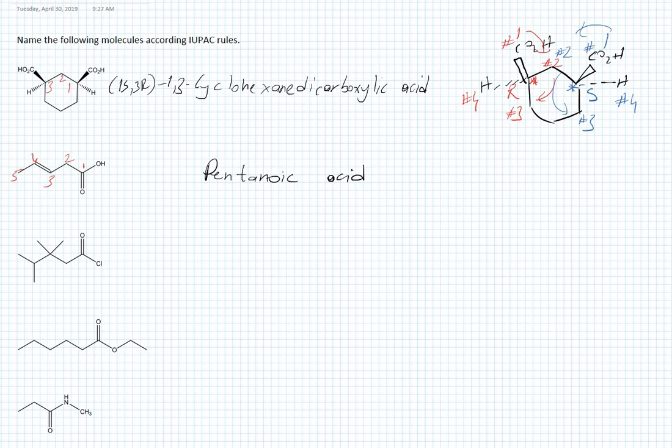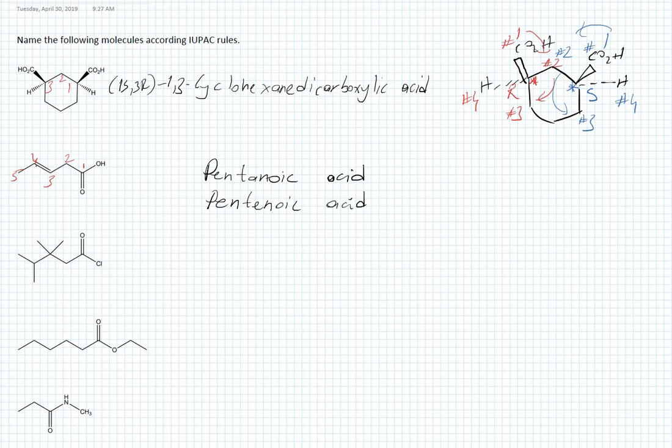But if you look at the structure, we have an alkene functionality, so instead of pentane we have to say pentene. So let's just write again. This is pentenoic acid, and in carboxylic acids the carboxylic acid carbon has to be always number 1, so you don't have to say one oic acid or one carboxylic acid.